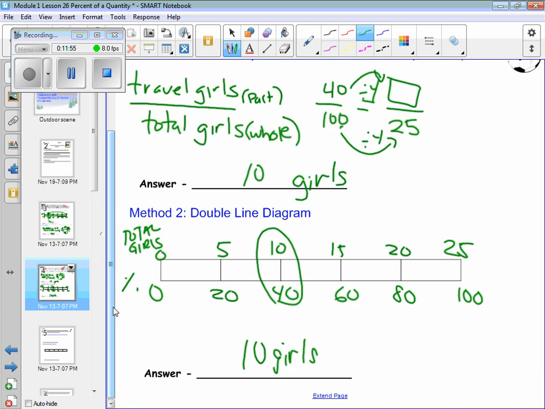Now I want to show you a little secret. You ready? They give you a head start with double line diagram, and they divide it up into fifths. How do you figure out what to divide your line by? They gave you nothing here, and you said, oh, I want to do a double line diagram. You've got to decide, how am I breaking it up? Am I breaking it up into halves, into fifths, into tenths? How can you figure out what to divide it by?